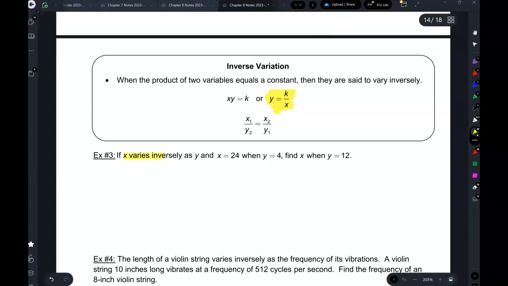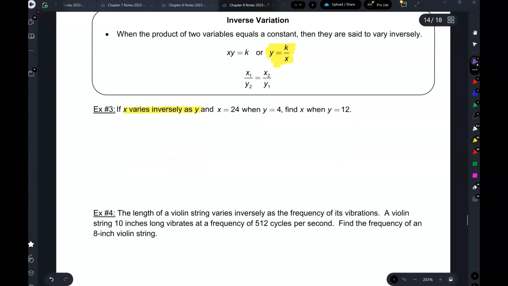If x varies inversely as y, when I hear that sentence, y equals k over x. So when I read x varies, this is y equals k, and then after that, if it's directly, it's times x. If it's inversely, divided by x.